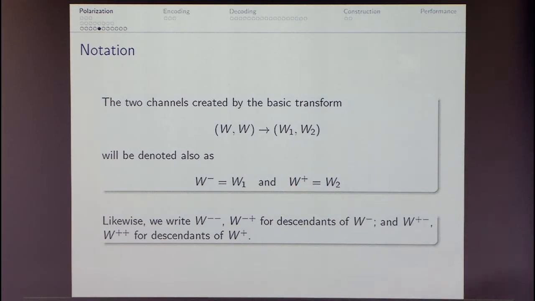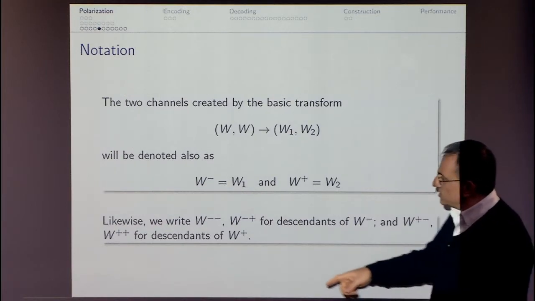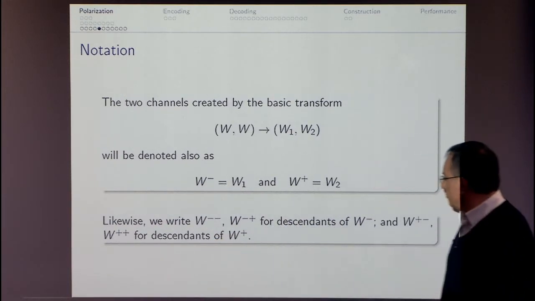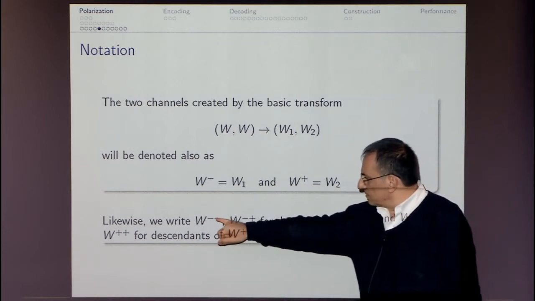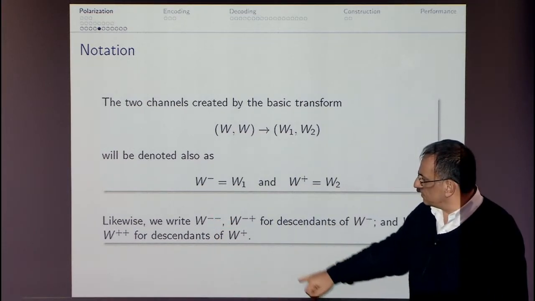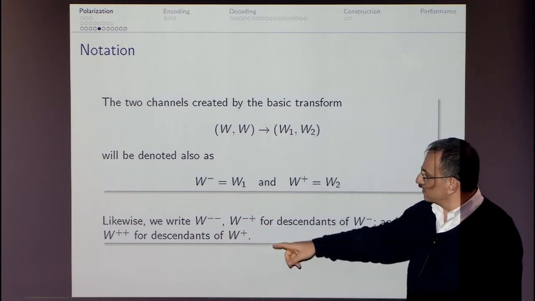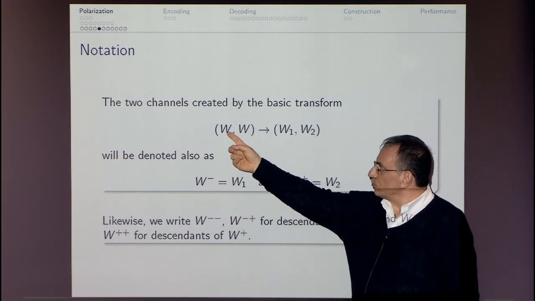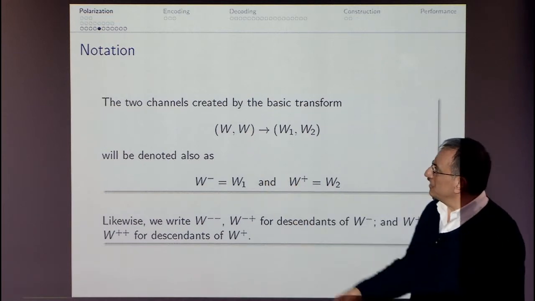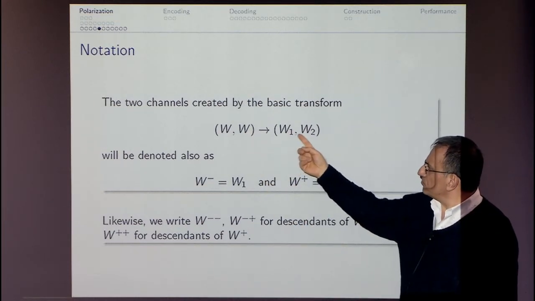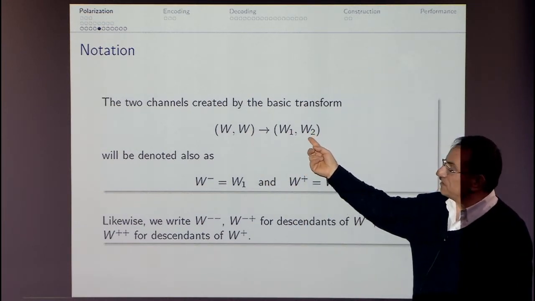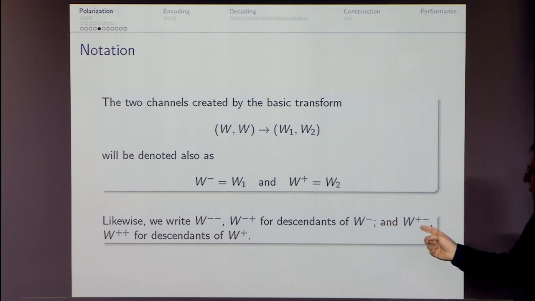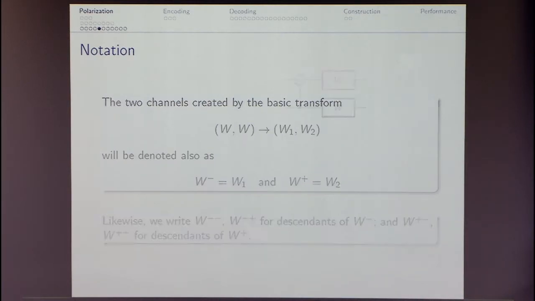Okay, in the next step, size 4 construction, we will have 4 channels. W minus minus, W minus plus, created through this operation with W minus and W minus here, and W minus minus, W minus plus in here. And similarly for the other two channels.